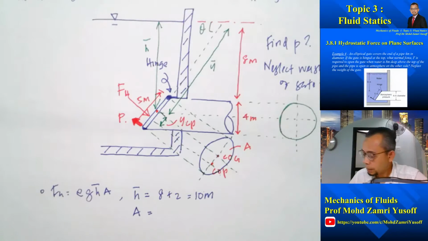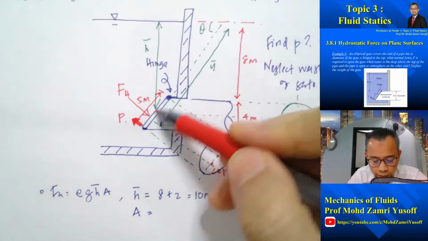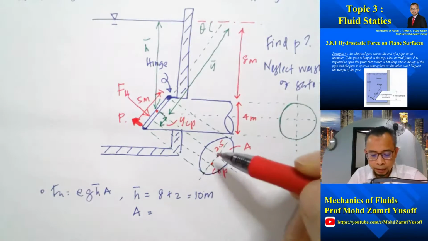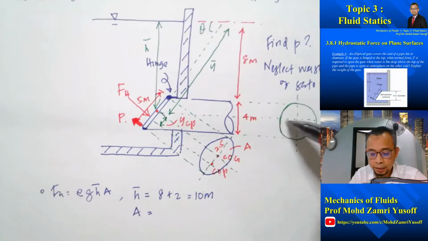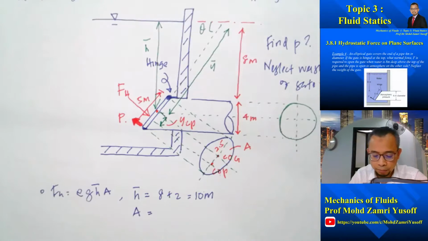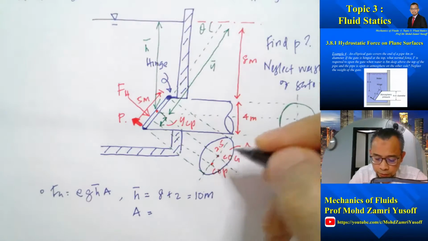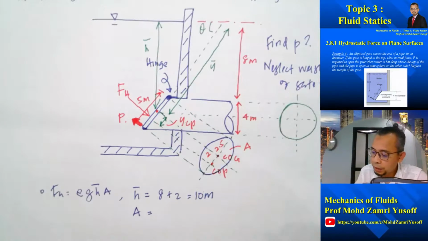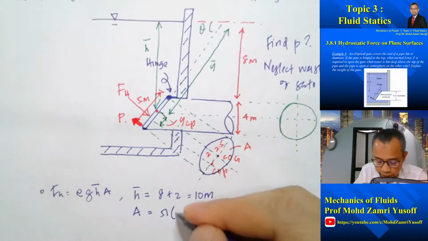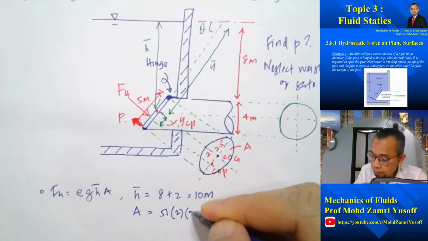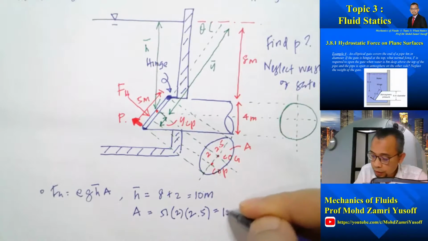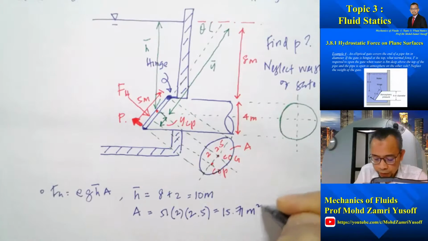We know that this is equal to 5, so this must be equal to 2.5. And this distance is same as the diameter of the pipe, so this is equal to 2. So the area of an ellipse is pi times minor axis 2 multiplied by major radius 2.5, equal to 15.71 meters squared.